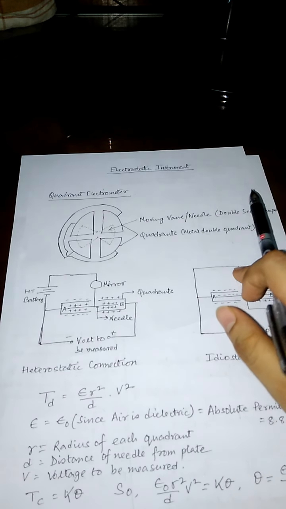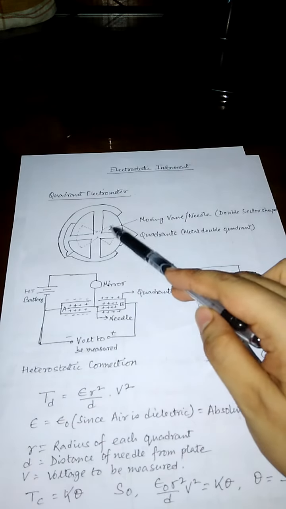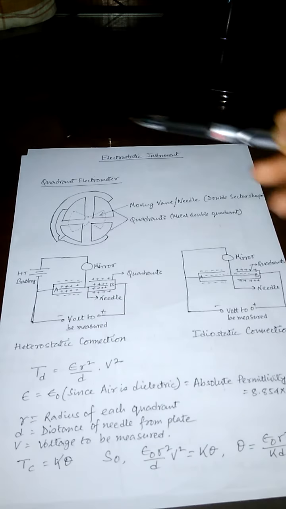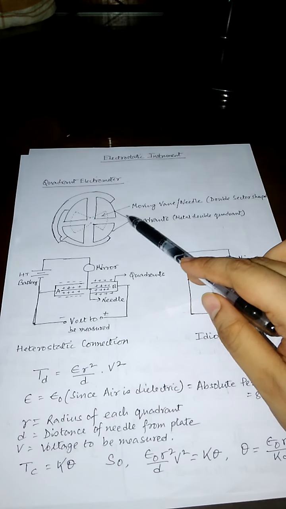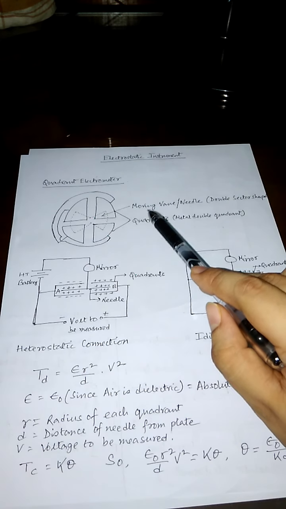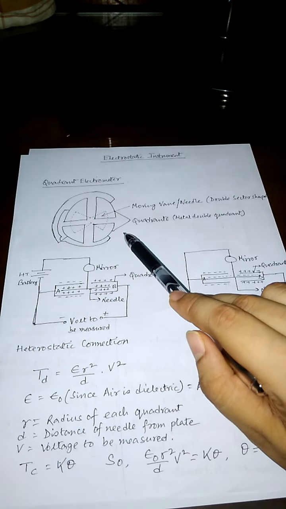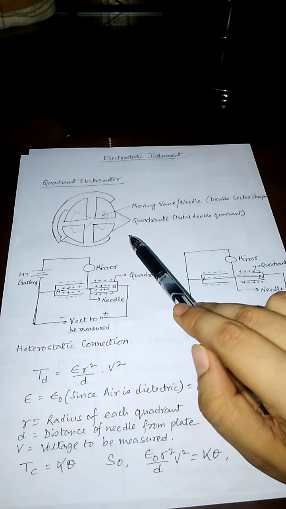So there are two types of attachment, and for the first arrangement, the suspension type, here see this is the suspension type, in this arrangement the needle carries a mirror, there is a mirror attached to the needle, and the reading can be indicated with the use of a lamp and scale arrangement.